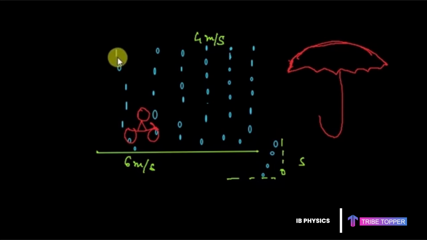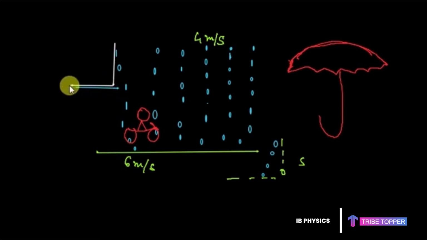So you are going towards the right and the actual velocity of the rain is vertically downwards, but the velocity of rain will be relative to you. We have to take them in the same frame because we want them in the same order.